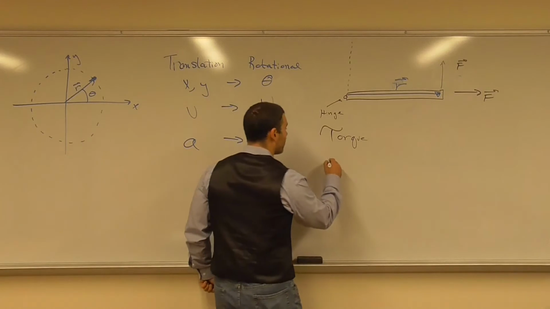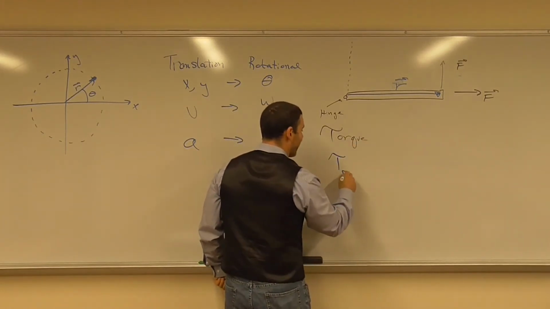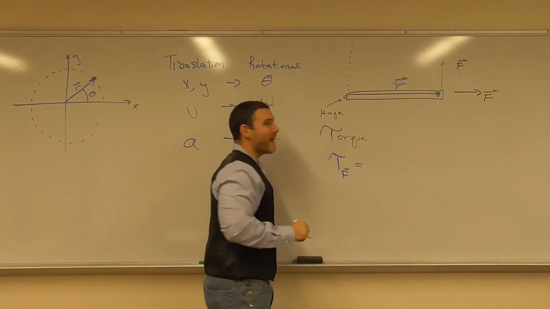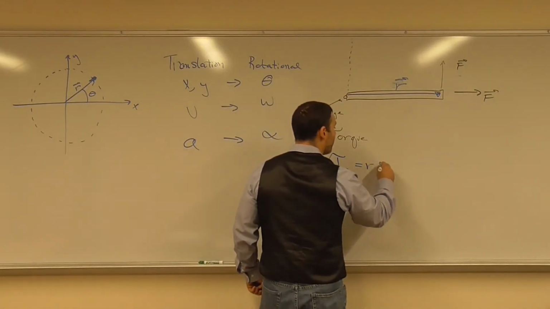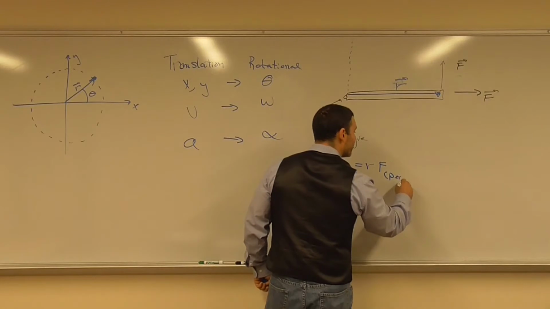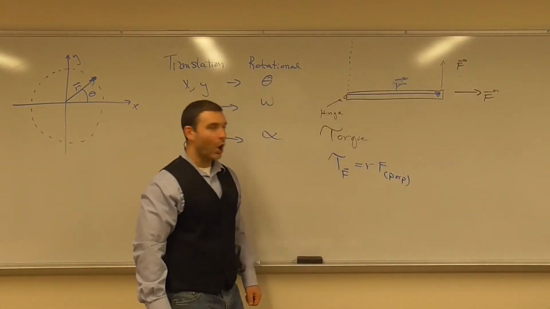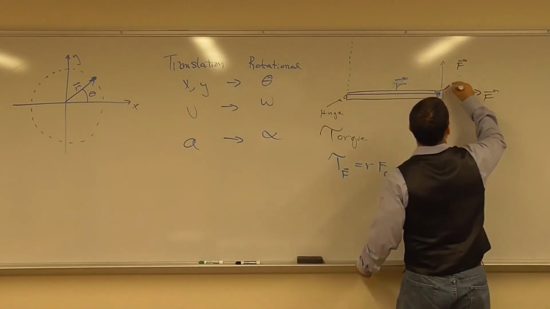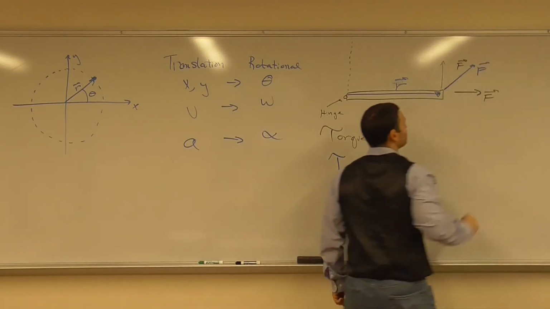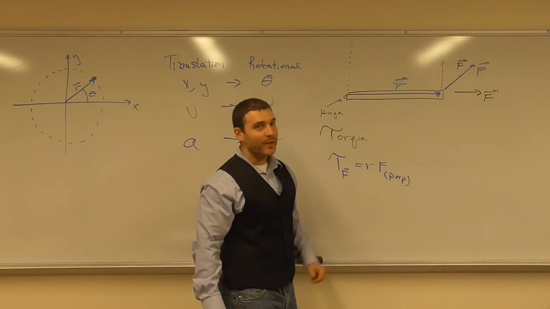And the torque, due to this force F, in magnitude, is going to be the distance r times the component of the force that's perpendicular to r. Right? So if I have a force that's sort of off at some angle, then I have to find the component that's perpendicular.